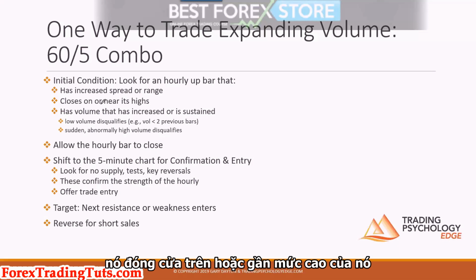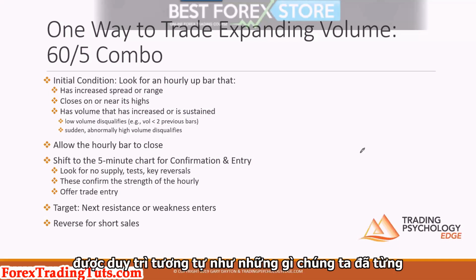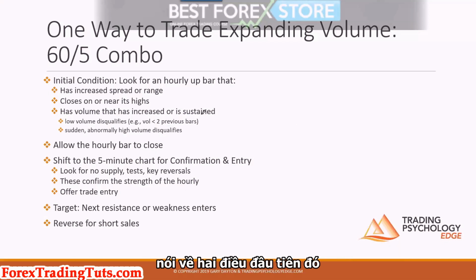It closes on or near its highs and has volume that's increased or is sustained, similar to what we were talking about with those first two examples, right? Low volume will disqualify it, and sudden abnormally high volume will also disqualify.